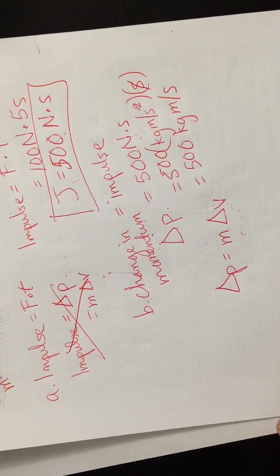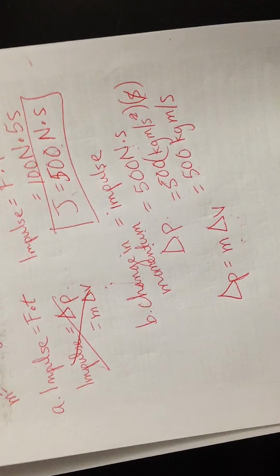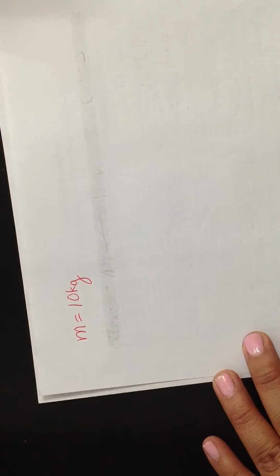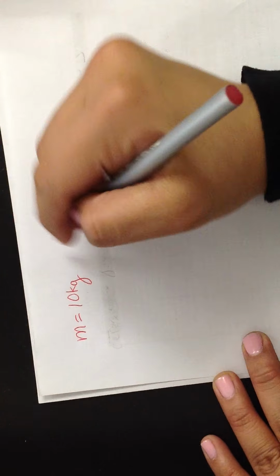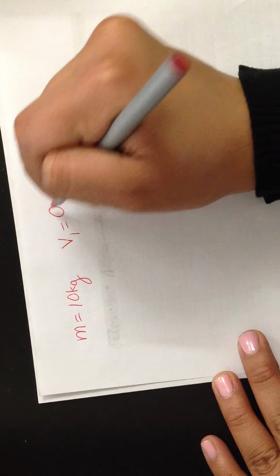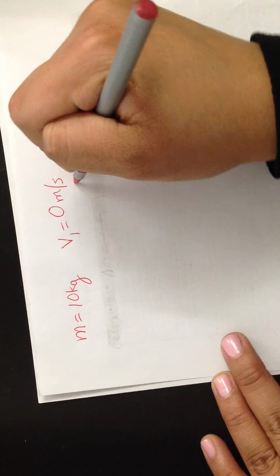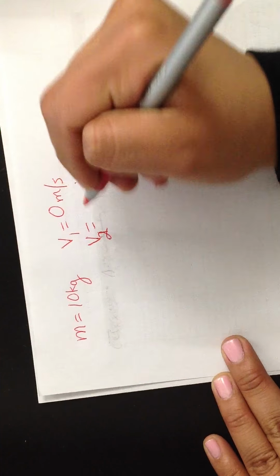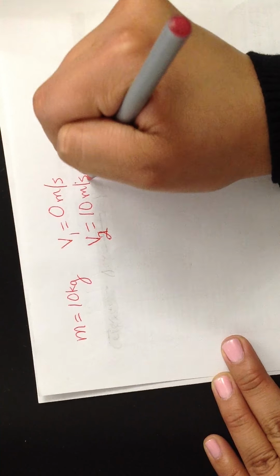Actually, I wanted to show you guys one more, which is, let's say they're asking for the change in momentum. They're going to tell you that you have this 10 kilogram mass. It started off at rest, which means it has 0 meters per second, and it accelerated to now 10 meters per second.